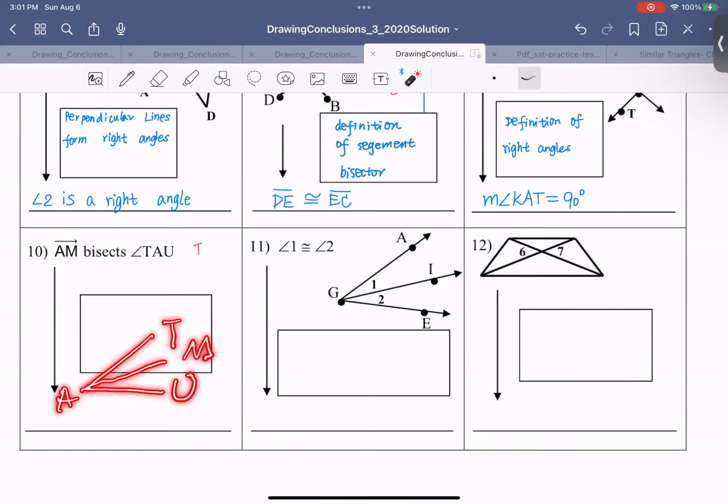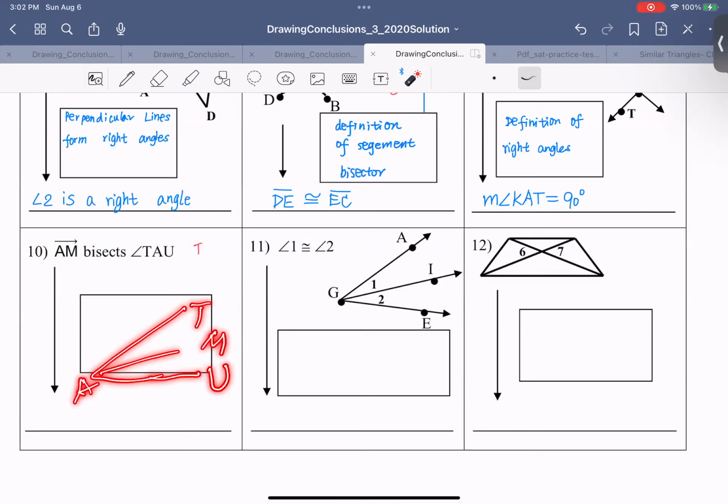Take your time. The conclusion is angle TAM is congruent to angle MAU. Thank you. Because of what? The definition of angle bisector.